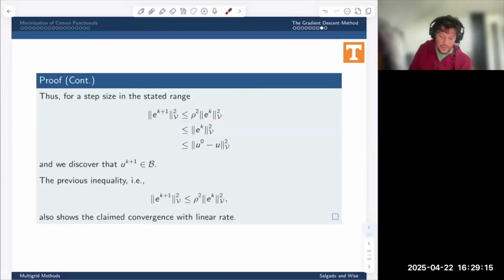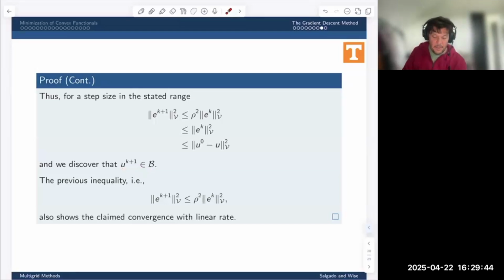This is, of course, less than EK, which, if I assume that EK is in B, is less than that, and that shows that EK plus 1 is also in B. So I start off with the assumption UK is in B, and this allows me by induction, if my computations on the previous page were correct, that UK plus 1 is also in B.